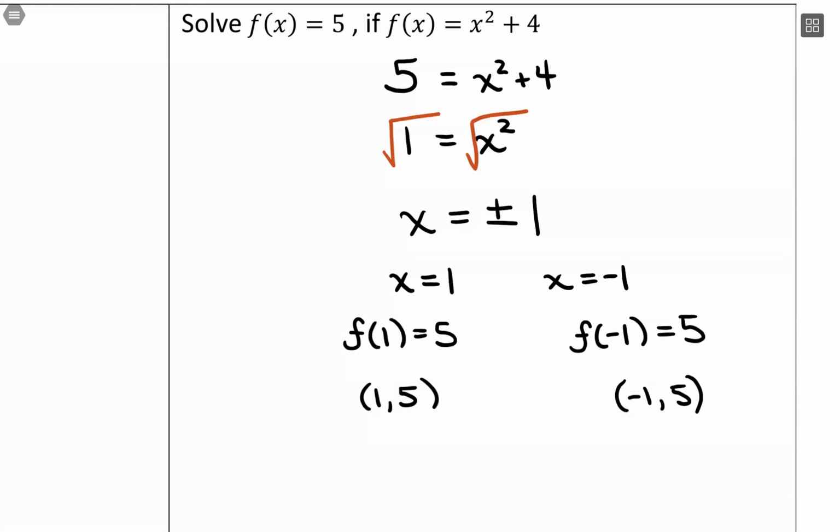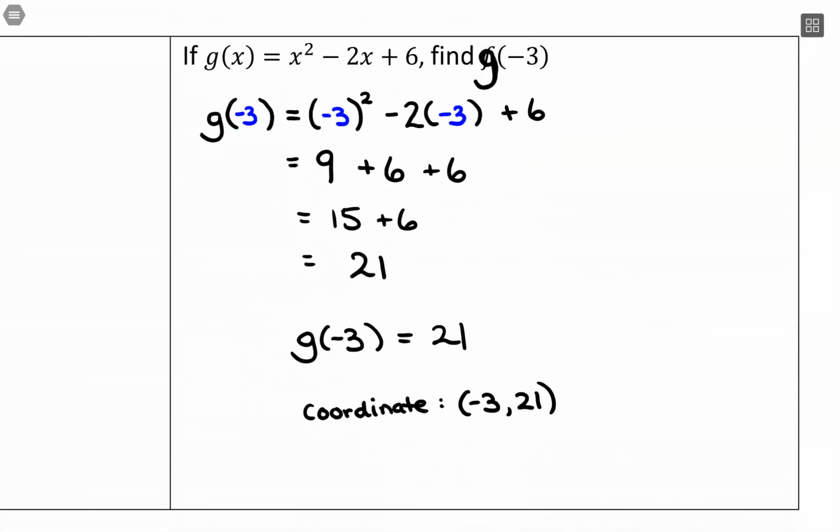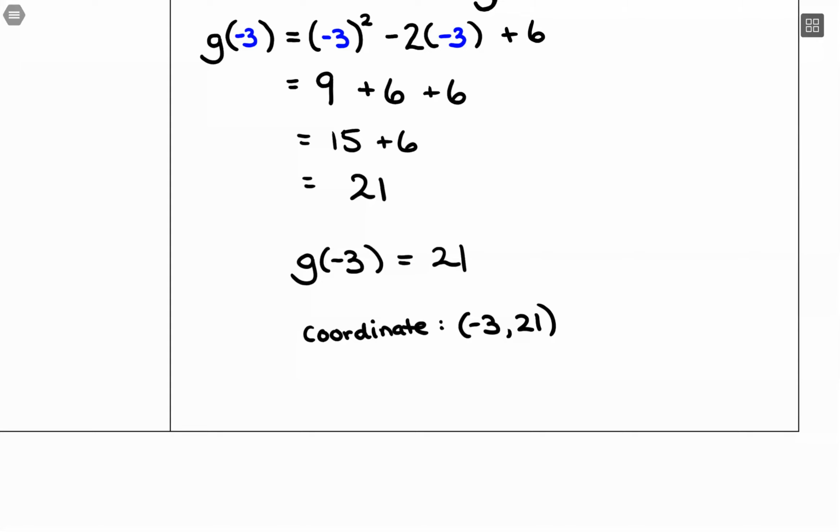So if you think about the last video where we looked at the coordinates and the tables and the graphs, this works as a function because the x values are different. So when working with the solve case and being given the function output, you can end up with more than one solution. But when you plug in a value for x and solve for y, you should definitely only have one solution.